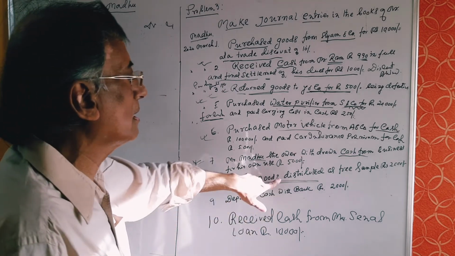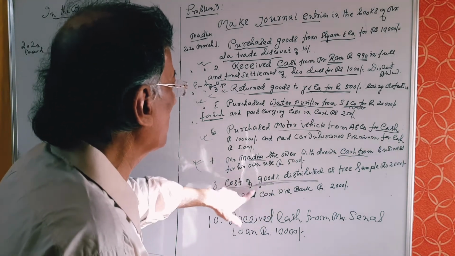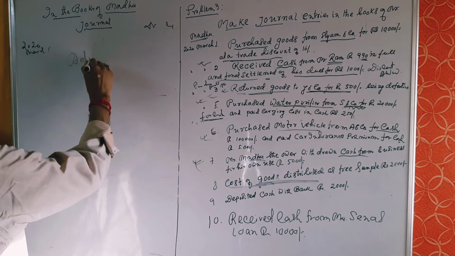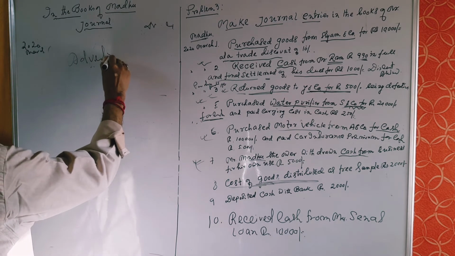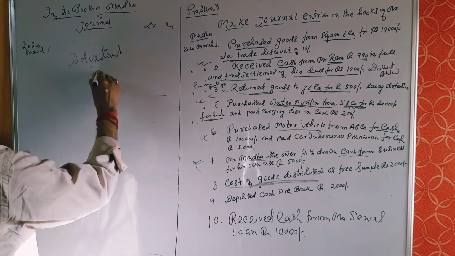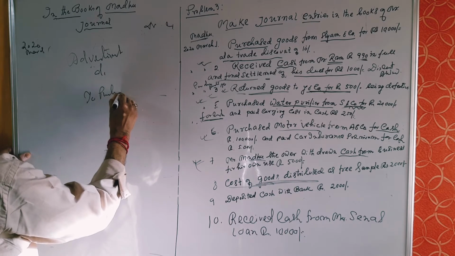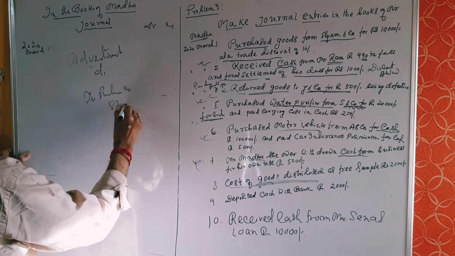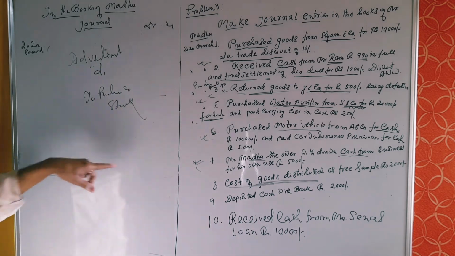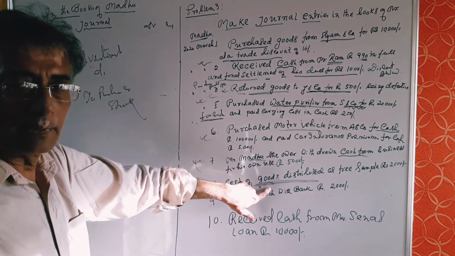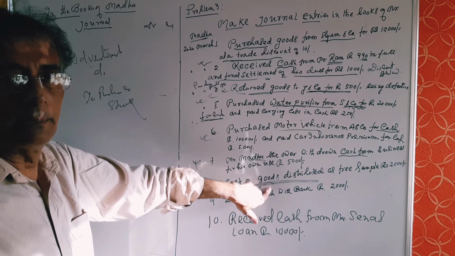So what are the two accounts involved in this journal entry? One is advertisement account. Another one is purchases or stock account. Is it clear? This is a unique way of advertisement on behalf of the big companies.